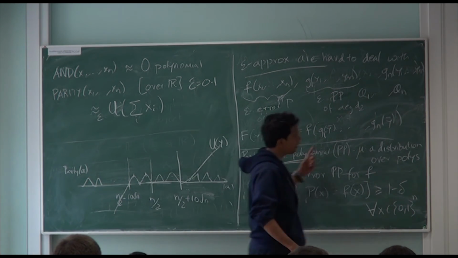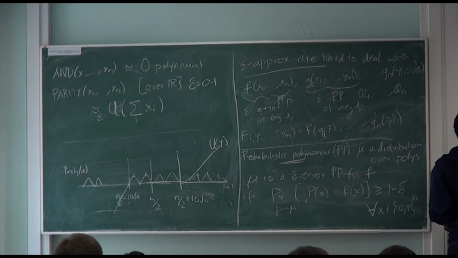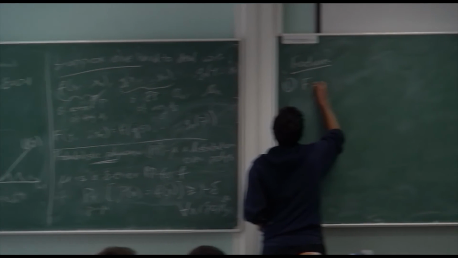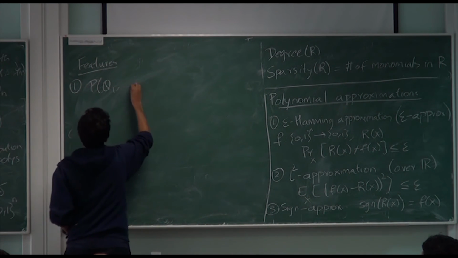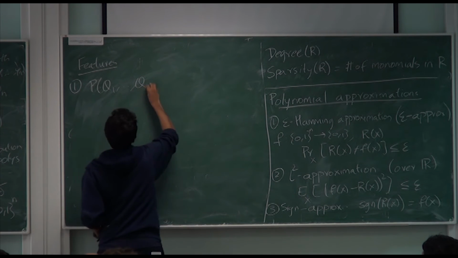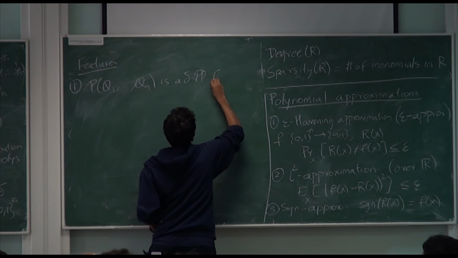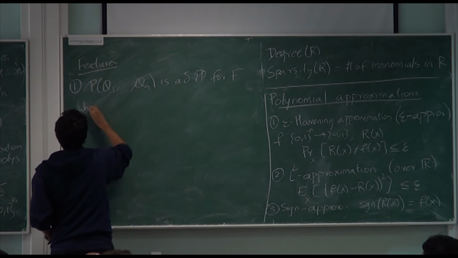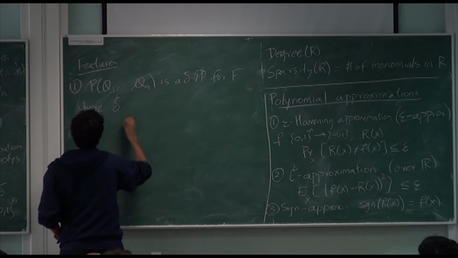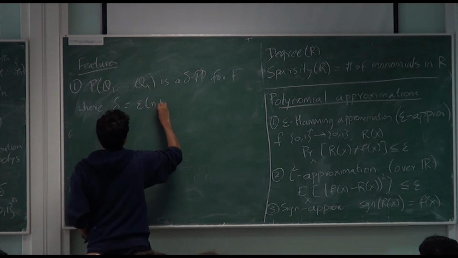So now I have epsilon error probabilistic polynomials for f and each of the g_i's. It should be easy to see that the composed polynomial, which is p of q1 to qn, is a delta PP for capital F, where delta is whatever I get by just using the union bound. So epsilon times n plus 1, I guess.